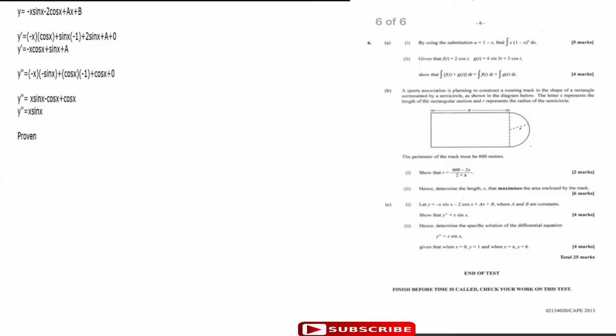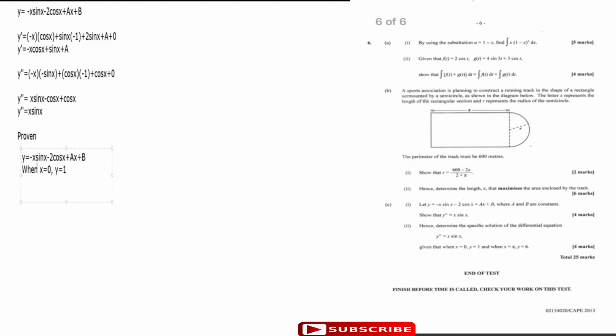All right. So hence, we know that y is equal to minus x sine x minus 2 cos x plus ax plus b. So all we're going to do is plug in when x equals 0 and y is equal to 1.